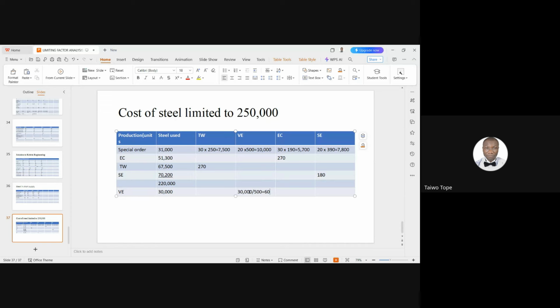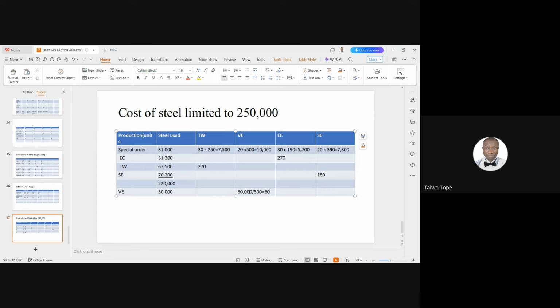Put yourself in the picture. You have 250,000 to buy steel, which you use to produce the goods for the special order. Based on your ranking, you've used 51,300 to produce 270 for EC.